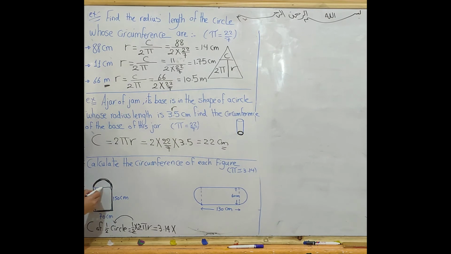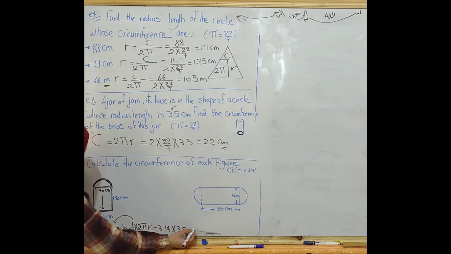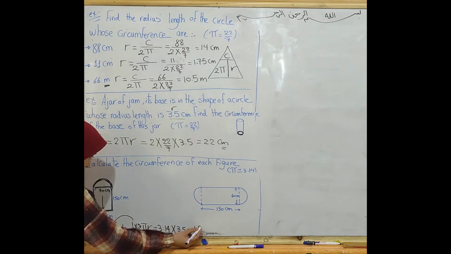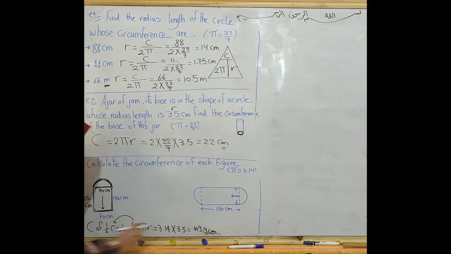This line is the diameter, and this diameter equals 70 centimeters, equal to the opposite side. Then the radius equals 35 centimeters. By using your calculator, it equals 109.9 centimeters.